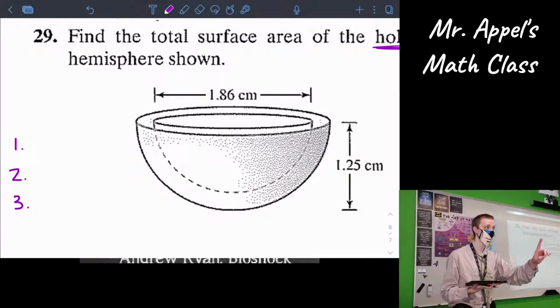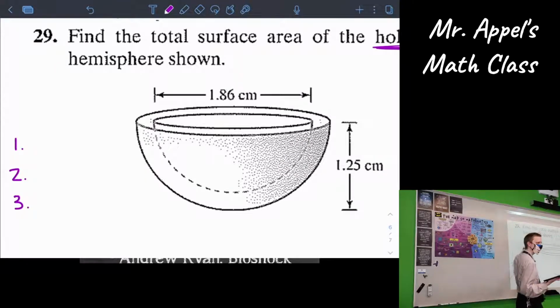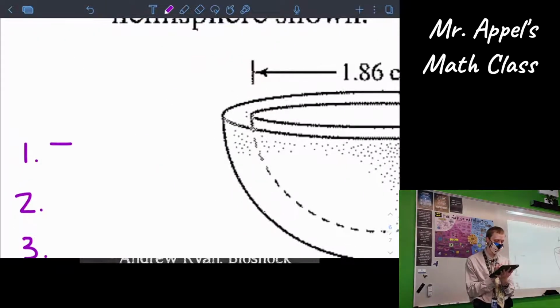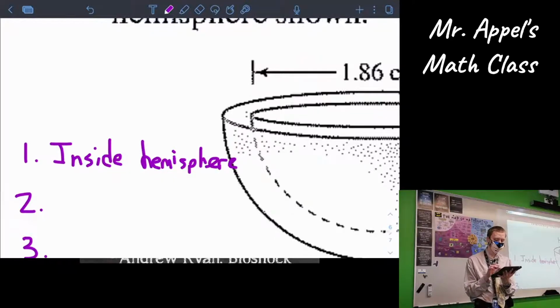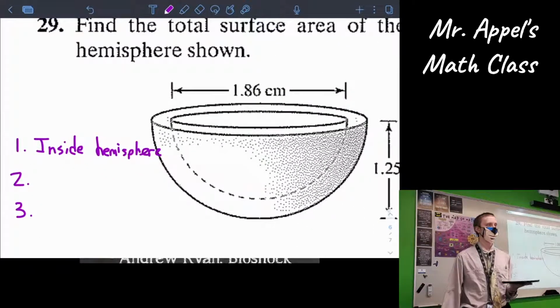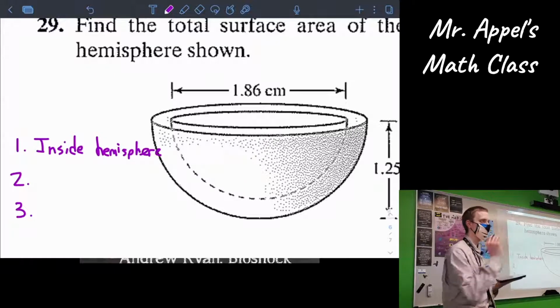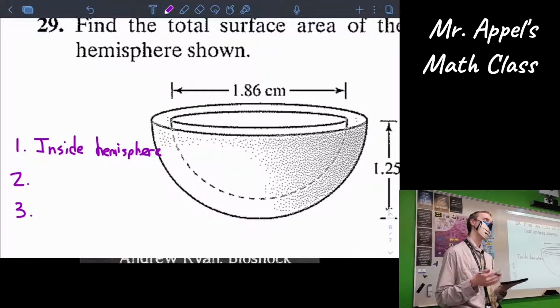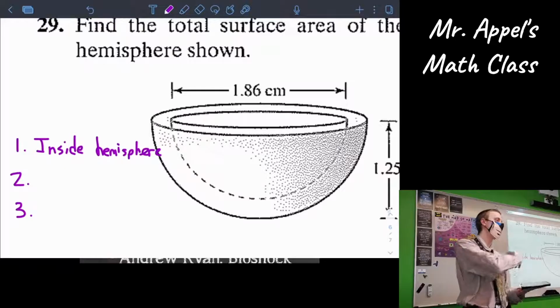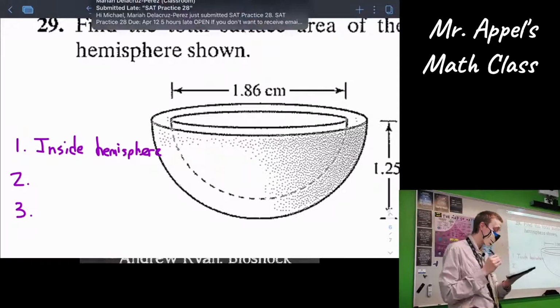We've got one semicircle, which is located where? One on the inside. Good. So we've got the inside hemisphere. And what else? What's another piece that we're going to have to add up here? If we got the inside hemisphere, we also have to include the outside hemisphere, right?